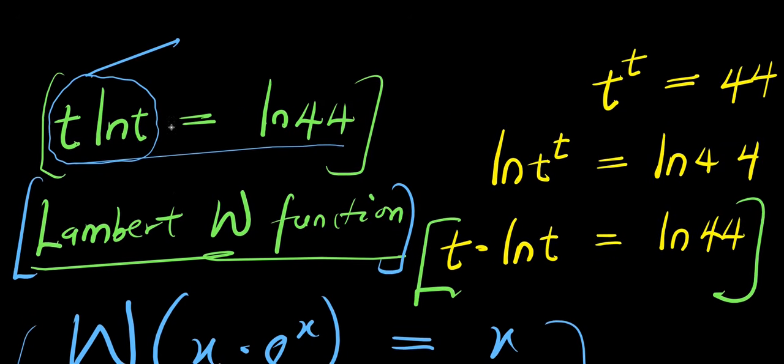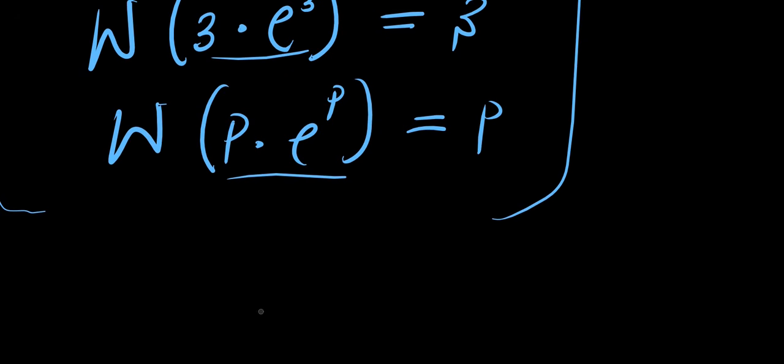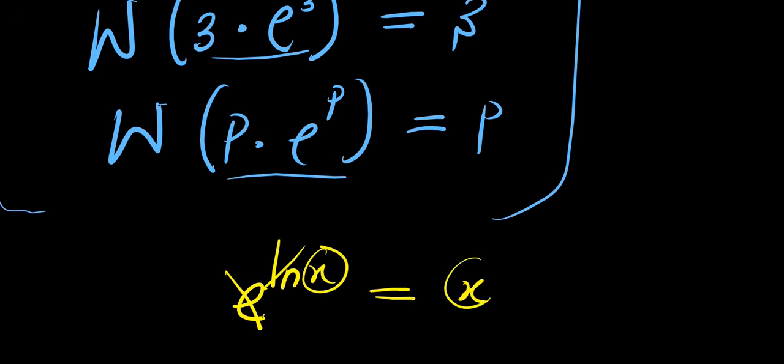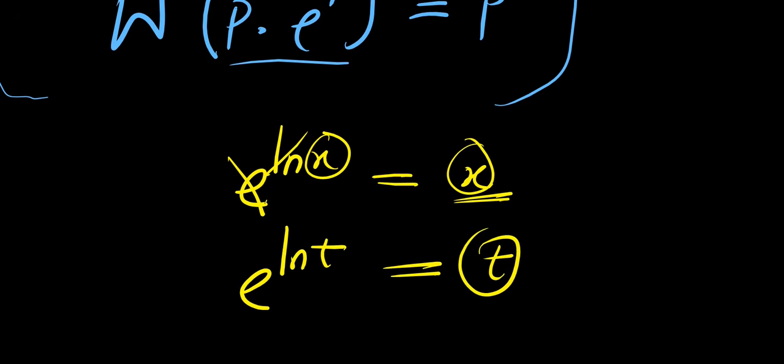So to achieve that, remember that if you have e power ln of x, this is the same thing as writing x, because e raised to the power of ln cancels itself out, and you have x here. So e power ln of x is the same thing as having x here. And if you have e power ln of t, that means we can have t as the result.